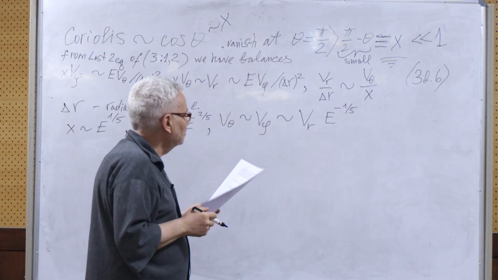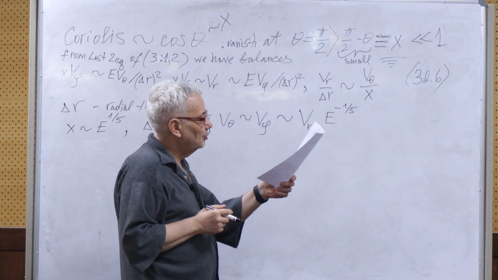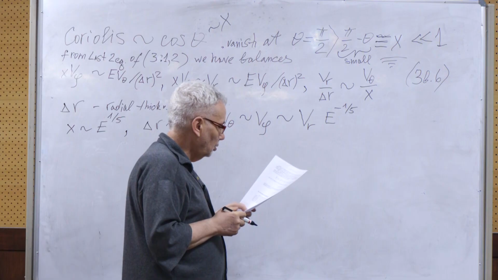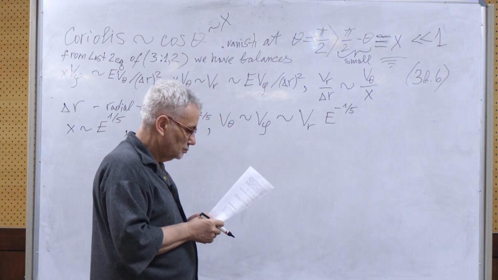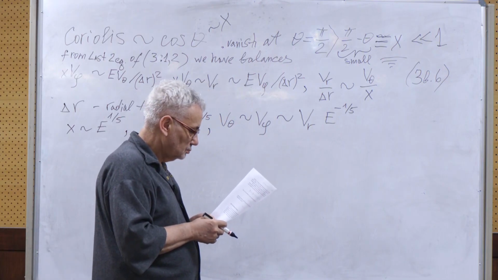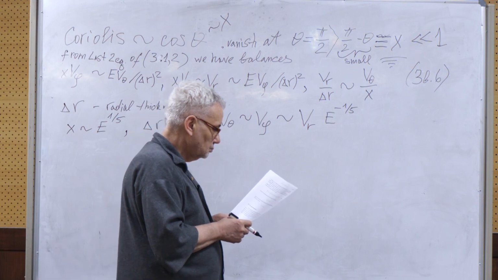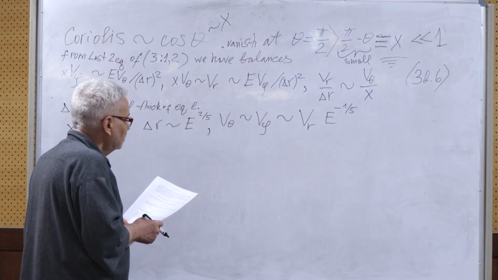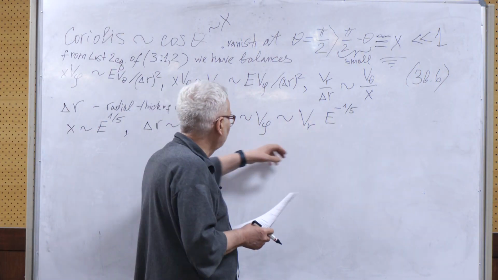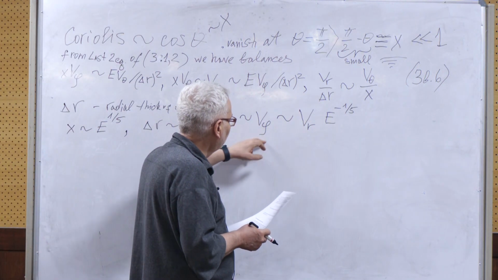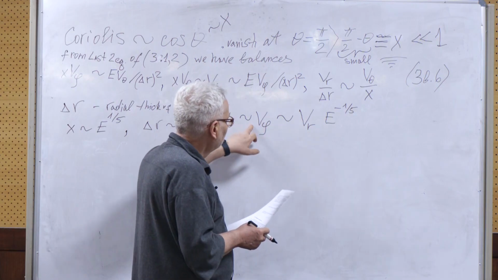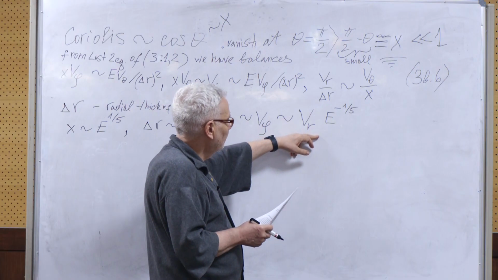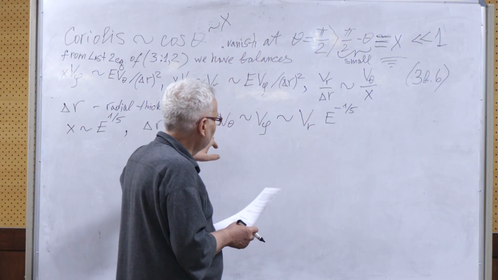It's no wonder because it's quite difficult to overcome the radial direction, so it should be small. So if we just return to this and estimate VR from V phi, we see that e to the 1/5 goes this way. So in some sense, the radial velocity is much smaller than the remaining velocity.